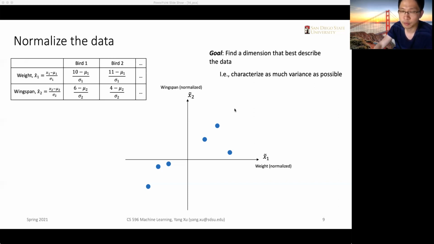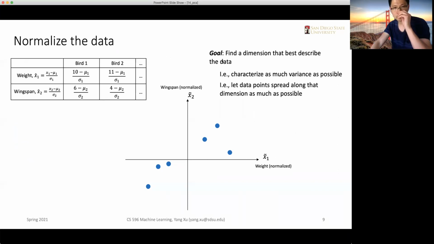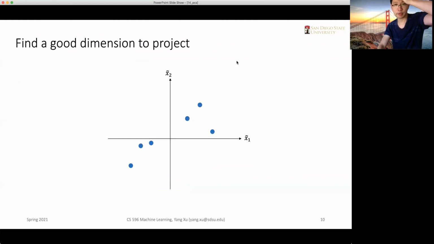We want to avoid the extreme cases where the data are scattered around a very narrow region, as we showed in the previous drawing. All right, so that is our goal. Let's see what we can do.